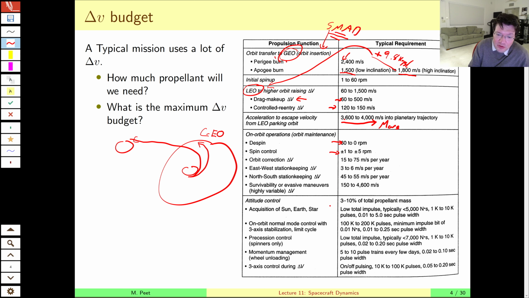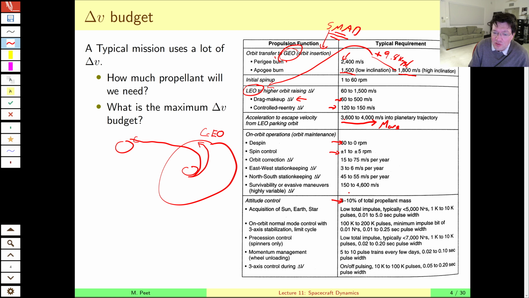Attitude control, especially with 3-axis stabilization, can be a significant contributor to propellant mass. It's not as much as delta V typically, because we often use Hall effect thrusters or PPTs for attitude control when we have electricity and we don't need a great deal of thrust.